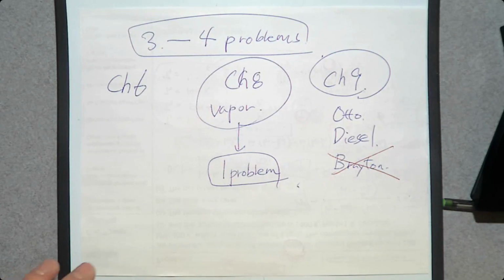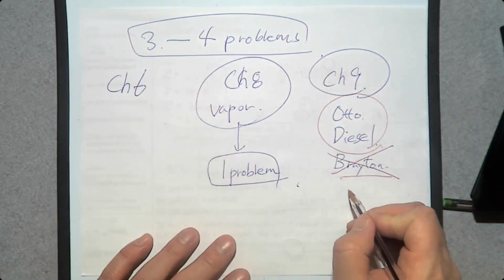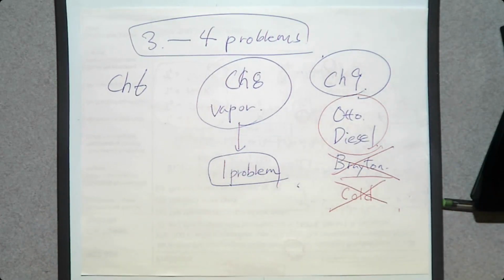So to save your time, there's no Brayton cycle. And one more thing, there is no fold analysis. So it's going to be either the Otto cycle problem in the PowerPoint or the diesel cycle problem in the PowerPoint. We solved the diesel cycle problem today and the Otto cycle problem last Tuesday.